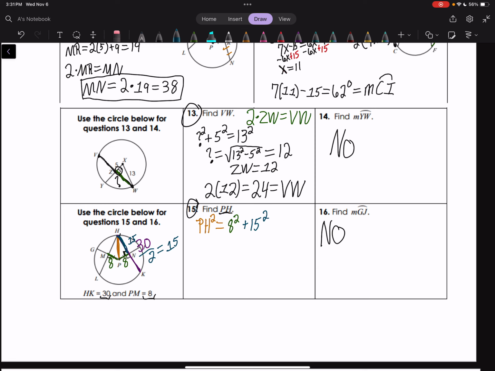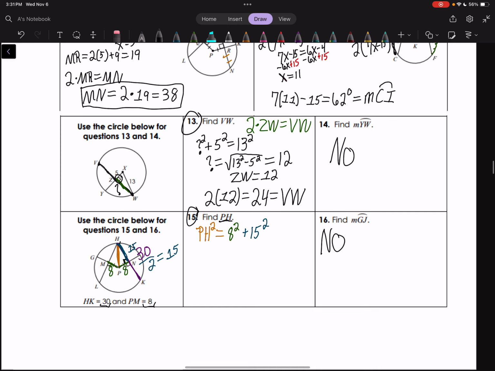To solve this, I'm going to take the square root. PH is equal to the square root of 8 squared plus 15 squared, which is going to give me a final answer of 17.